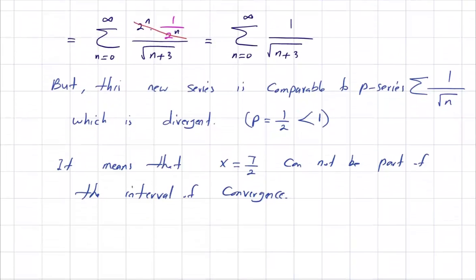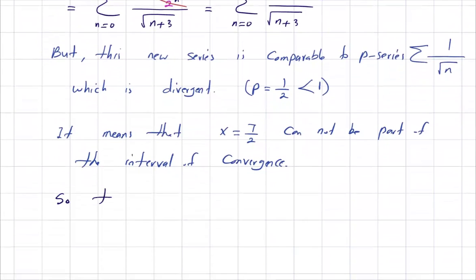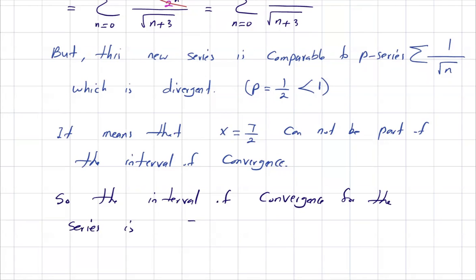So our conclusion is, the interval of convergence for the series is the half closed, half open interval from 5/2 to 7/2. So let us recap what we did.